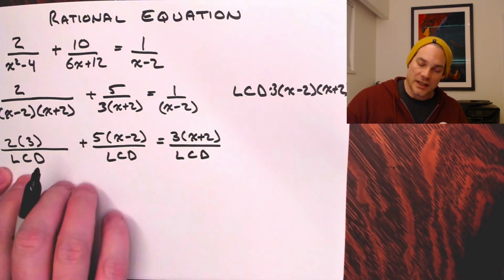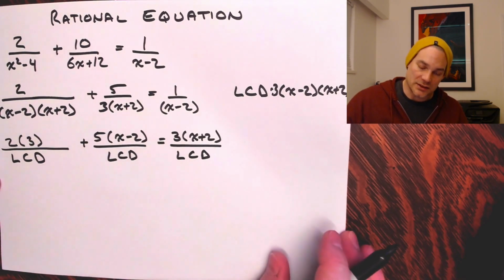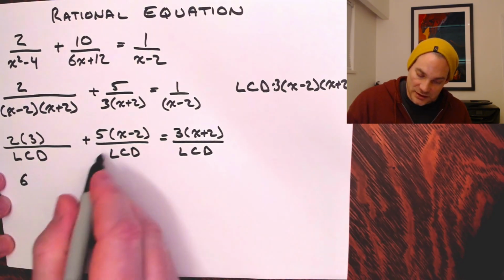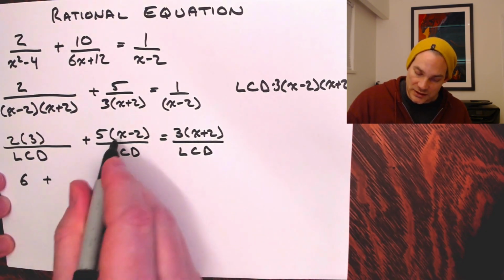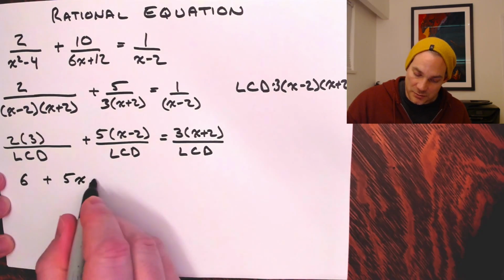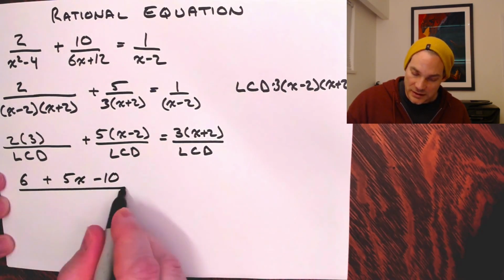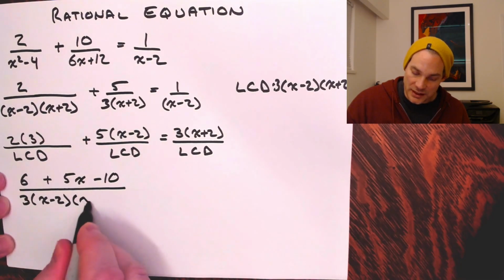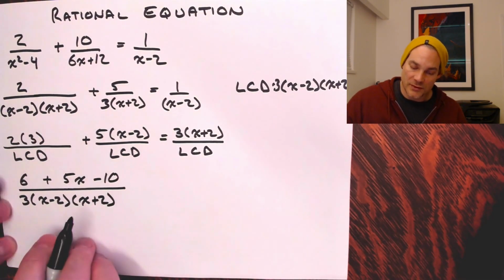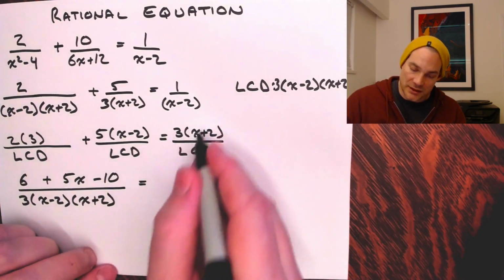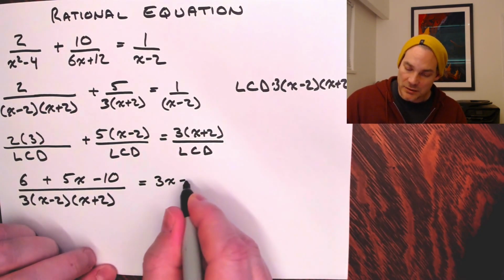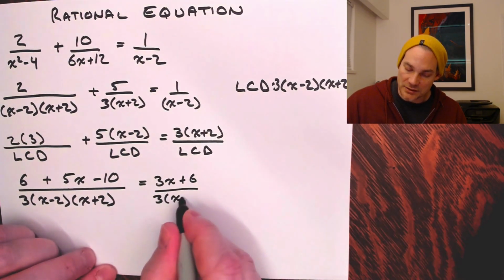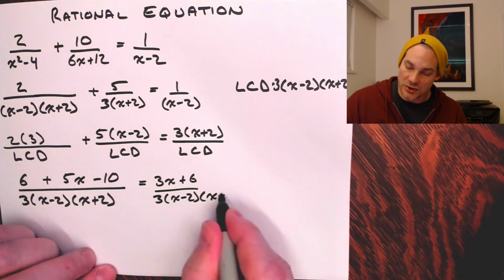I'm going to write out the denominator now. So I'm going to have 6 plus 5x minus 10 all over 3(x minus 2)(x plus 2). And then on this side, I'm going to have 3x plus 6 all over 3(x minus 2)(x plus 2).